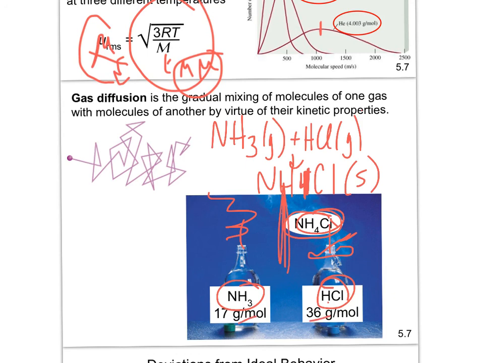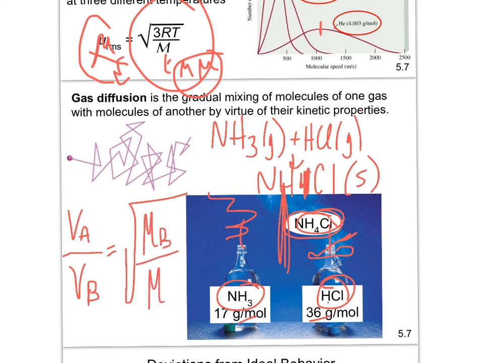The rate or velocity of gas A relative to the velocity of gas B is equal to the square root of the molar mass of B over the molar mass of A. You could derive this equation for yourself if you like by using the equation above.